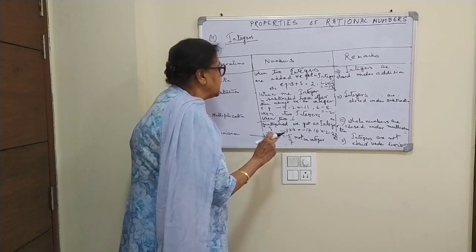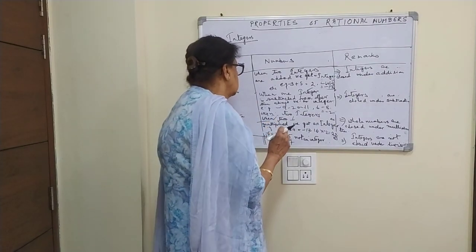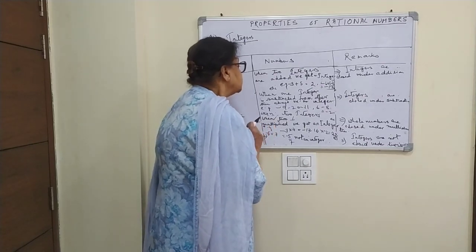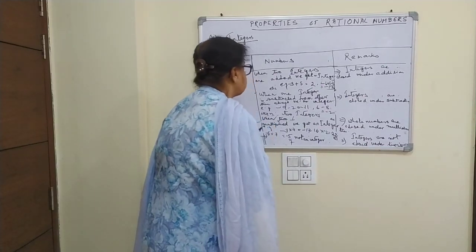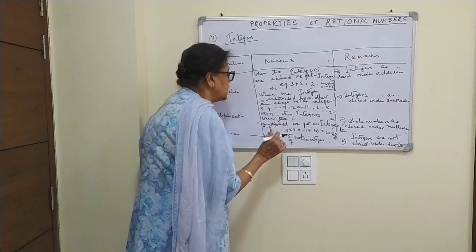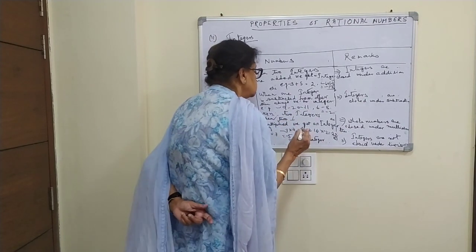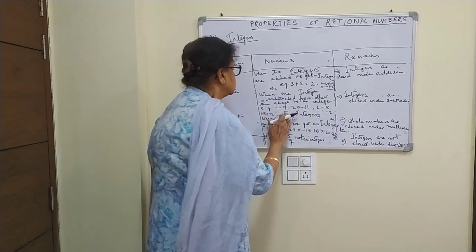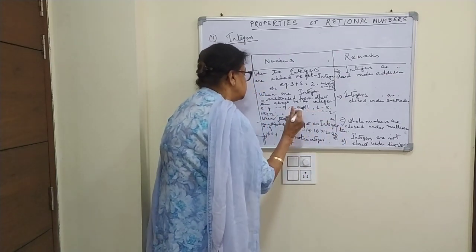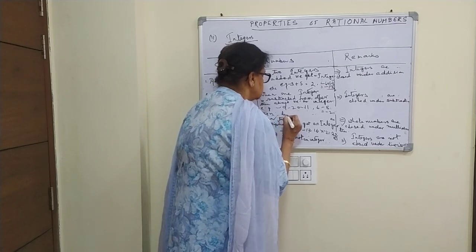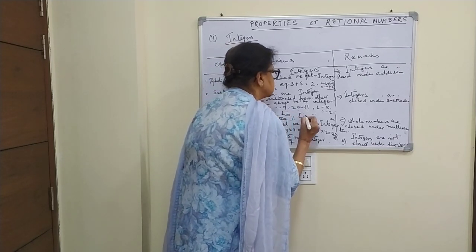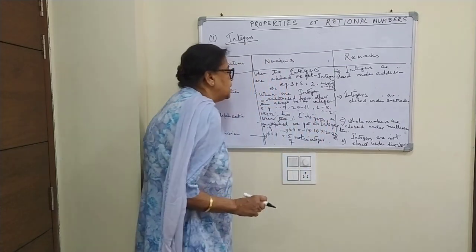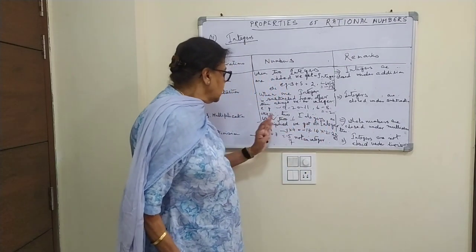Okay. Now multiplication comes. When two integers are multiplied, we get an integer.